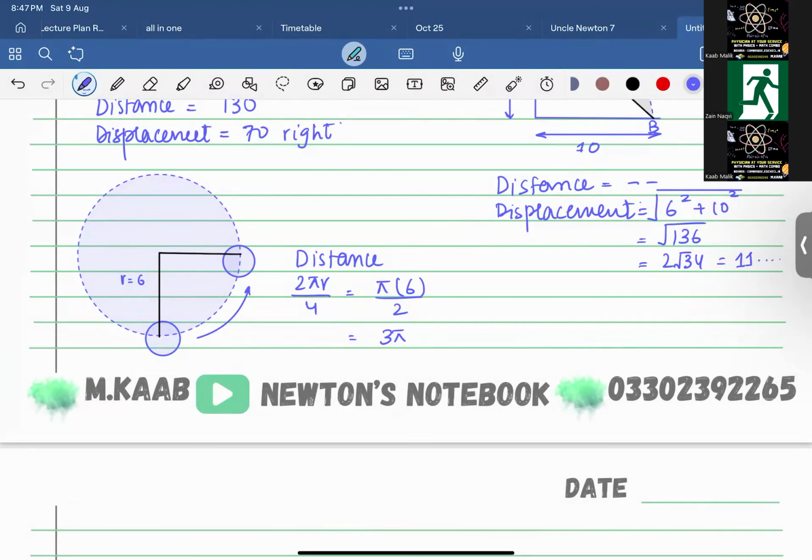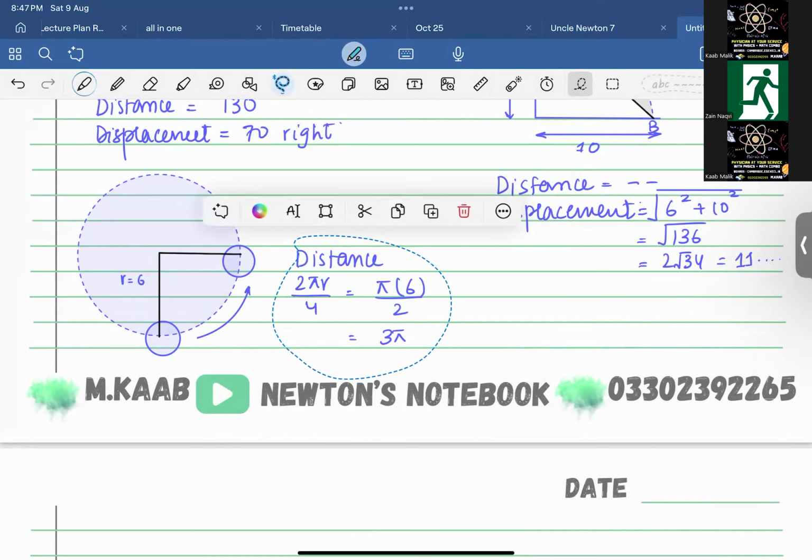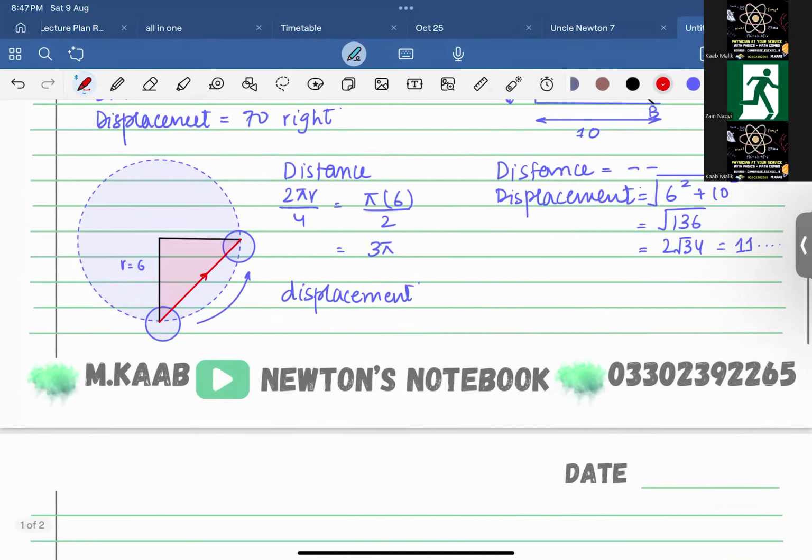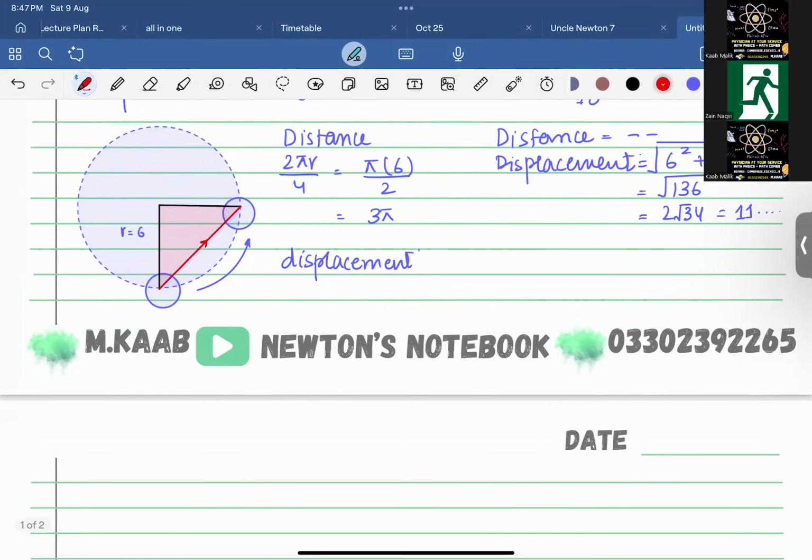Very good. So displacement is going to be 6 root 2. So this is distance, and displacement is going to be this distance, and this is 6 root 2.